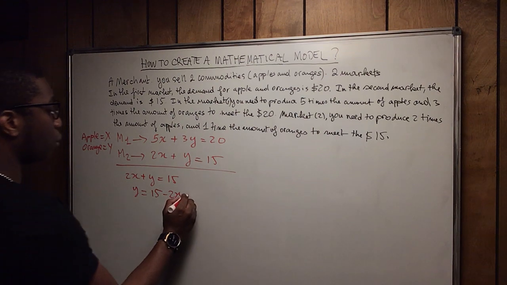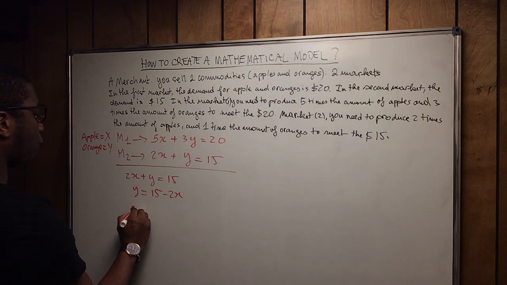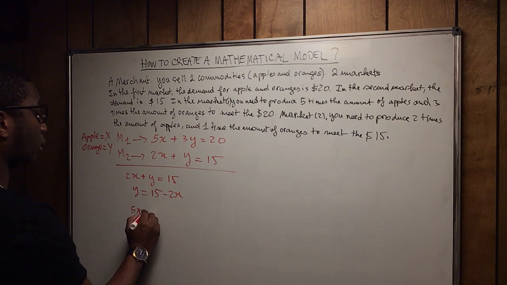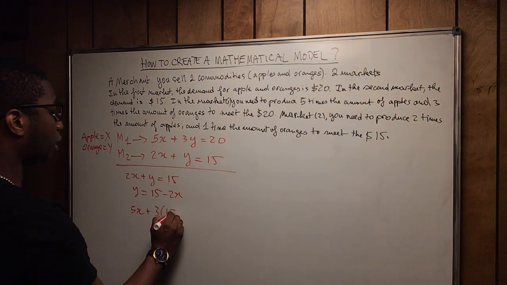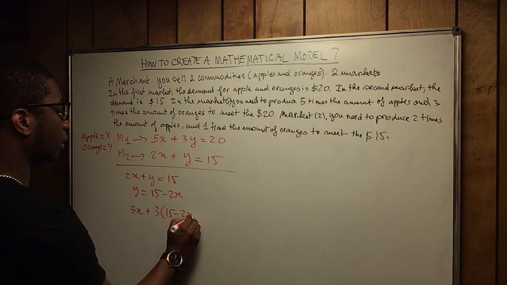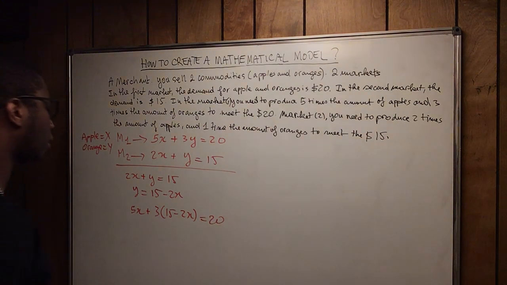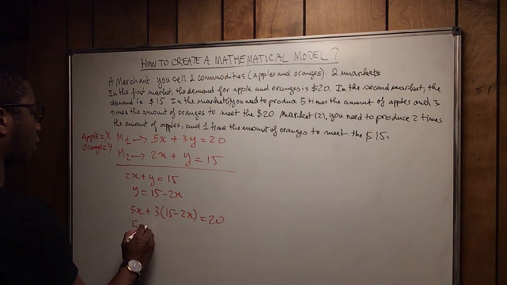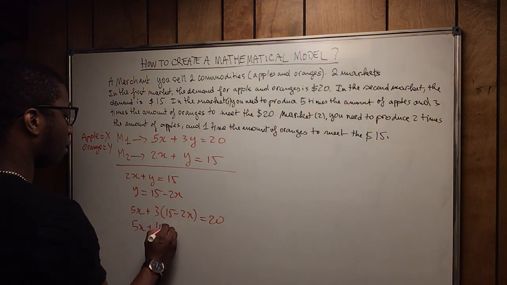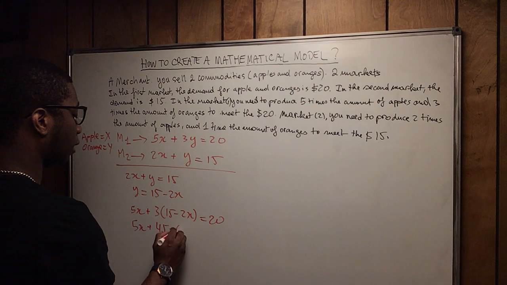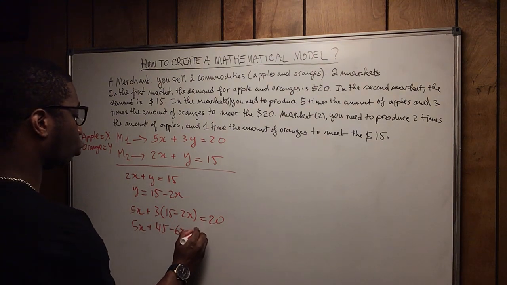It gives you 5x plus 3 times (15 minus 2x) equals 20. So 5x plus 45 minus 6x equals 20.